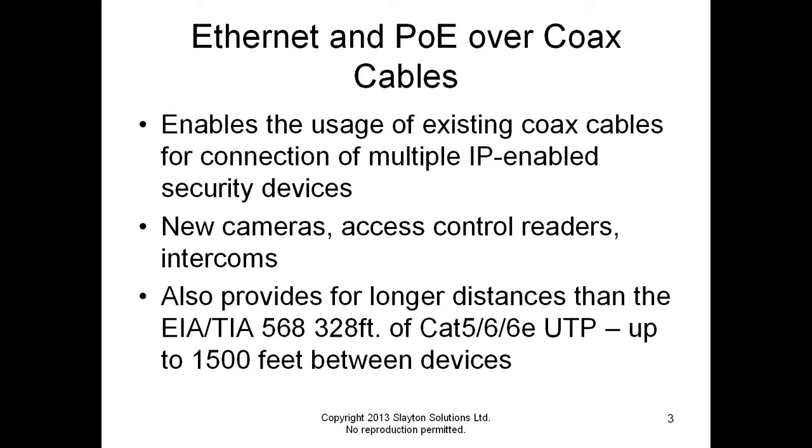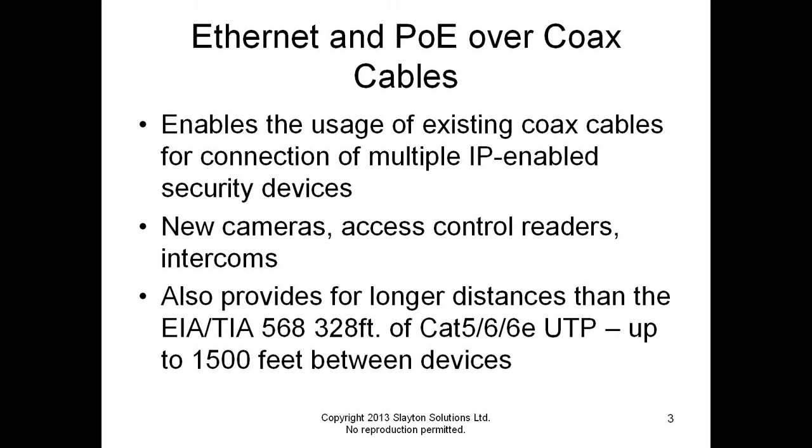So that old coax cable that's been in the wall for 10 or 15 years or 5 years can now be used to transmit both Ethernet communications and power over Ethernet, standardized PoE. So what this does is it provides a tremendous opportunity for security dealers to upgrade and expand existing systems that have a coax network, coax cabling already run around the building.